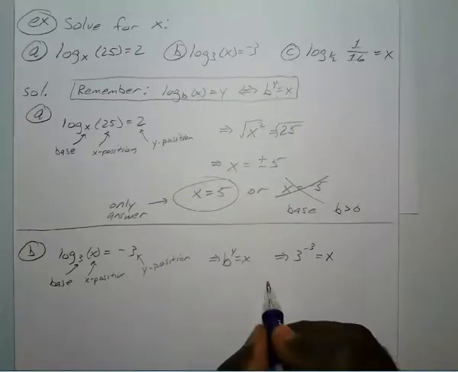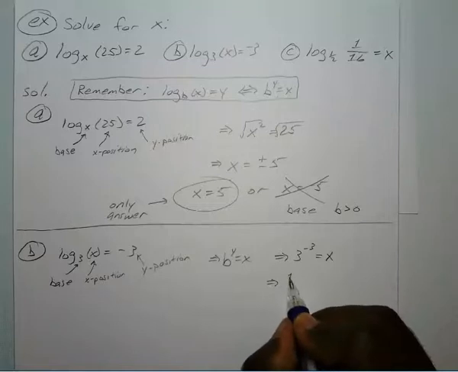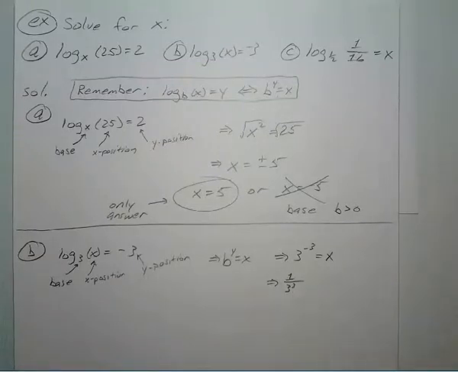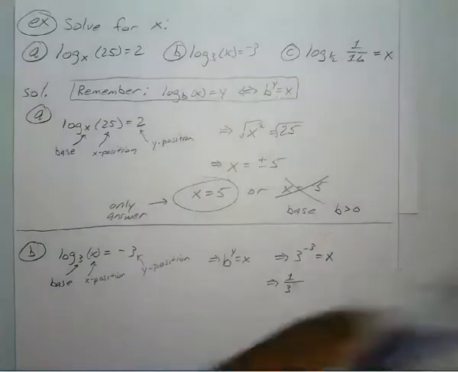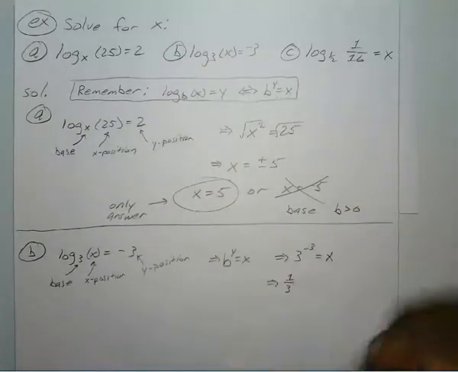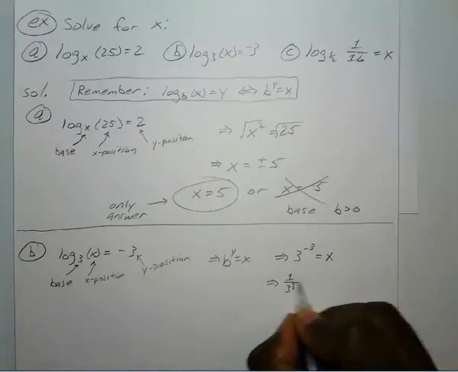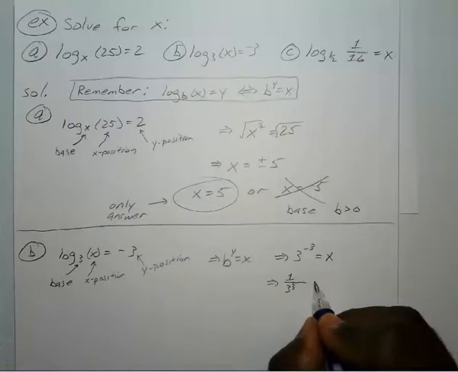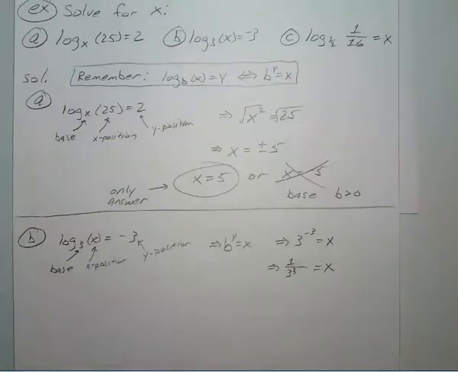Okay, so we go ahead and solve this. 3 to the power of negative 3, that's just 1 over 3 to the power of positive 3. Let me clean that up a little bit, so it's a little bit of a clearer 3. 3 to the power of 3 equals x. Okay. So we know that 3 to the power of 3 is just 3 times 3 times 3, which is 27.